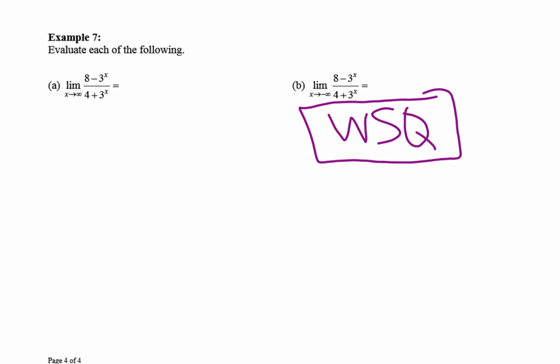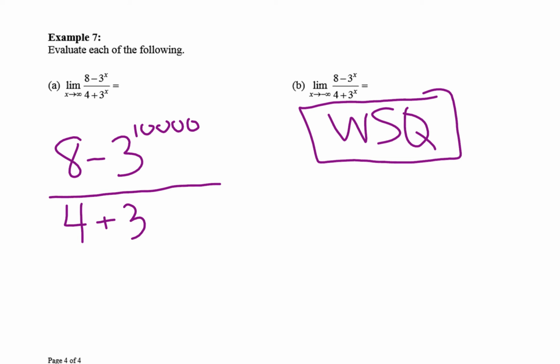You can write it right in the summary. Okay, this function has us let x get very, very large, so e to the minus 3x, something really, really big, over 4 plus 3 to something really, really big. This 8 is not really going to make a big difference to us, because we're subtracting a very large number.